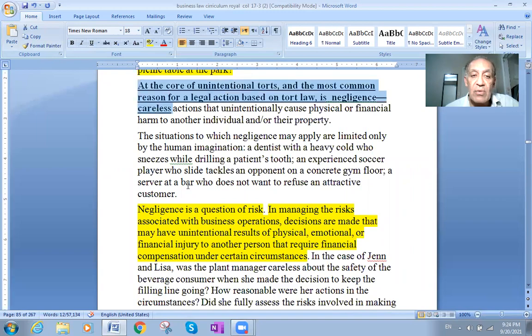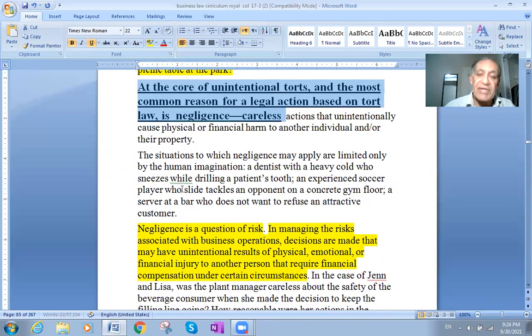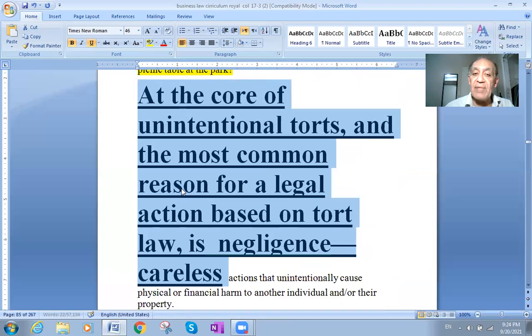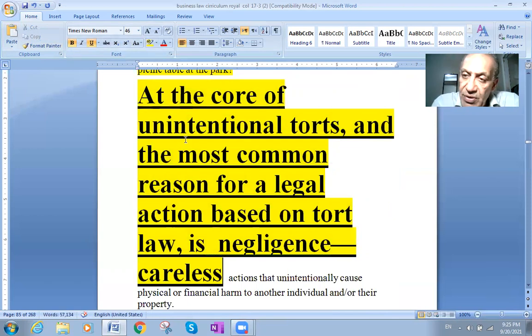We'll come now to the unintentional tort. Unintentional means you didn't do it purposely. The unintentional tort means you didn't do it intentionally.